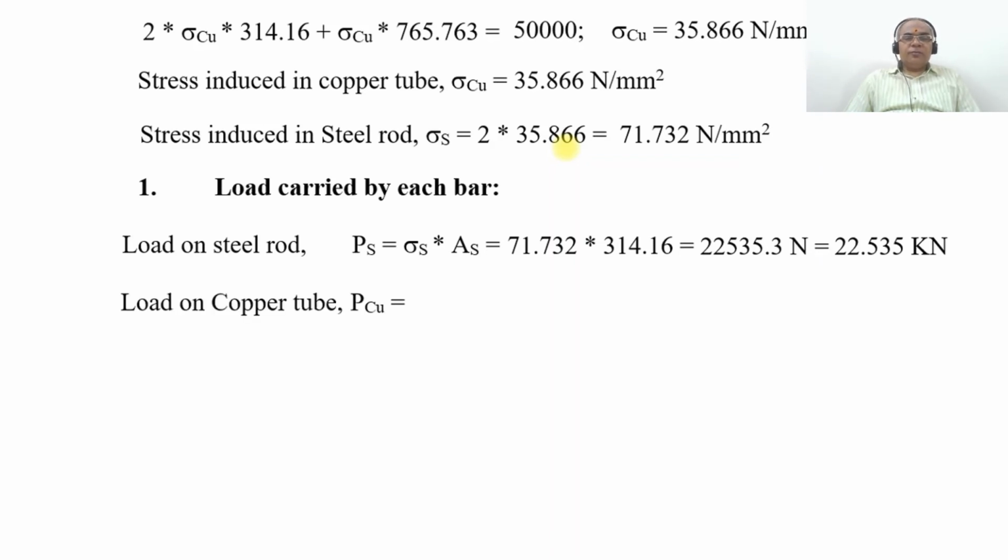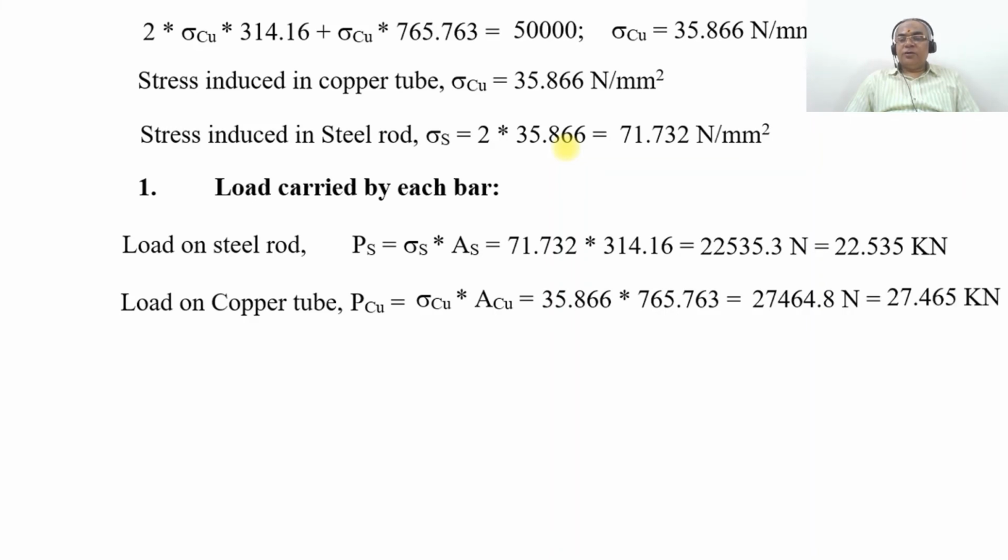Similarly, the load on the copper tube will be equal to PCU, which is sigma CU into ACU. We know sigma CU is 35.866 into 765.763, which will be equal to 27,464.8 Newton. In terms of kilonewton, it is 27.465 kilonewton.